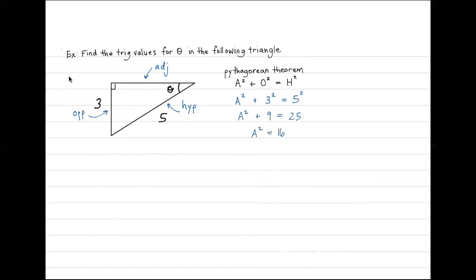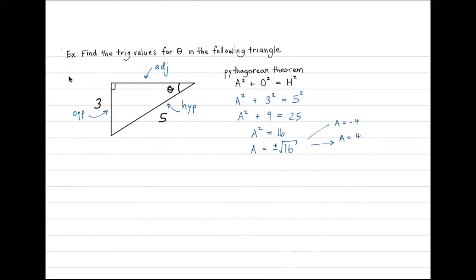Then from there, I'm going to square root both sides. Usually when I do the square root, I have to remember to do the plus or minus the square root. In this case, it'll end up being minus 4 and plus 4.